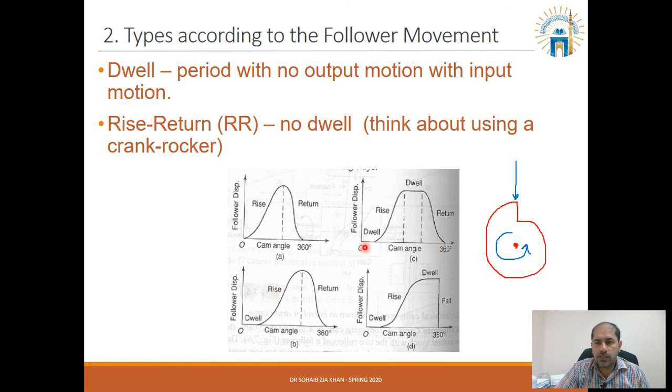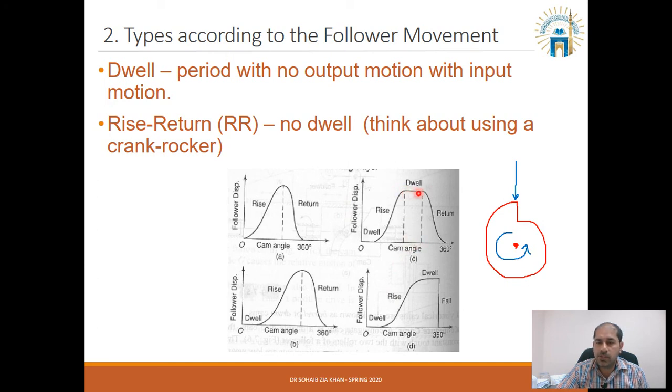In figure C, you can see that there is a dwell period, then there is a rise, and the follower reaches a certain point, and after that there is a dwell again. This means that whatever displacement position the follower reaches, it will stay there although the angle is increasing, which means the cam is still rotating.